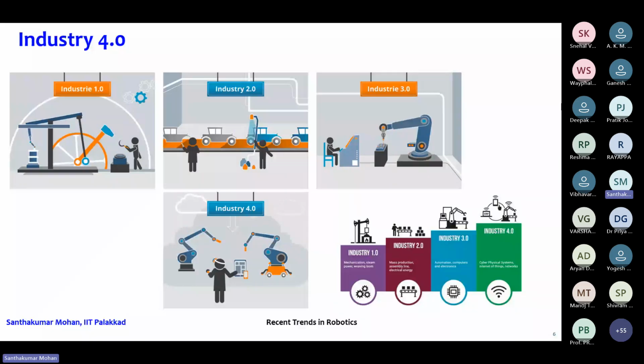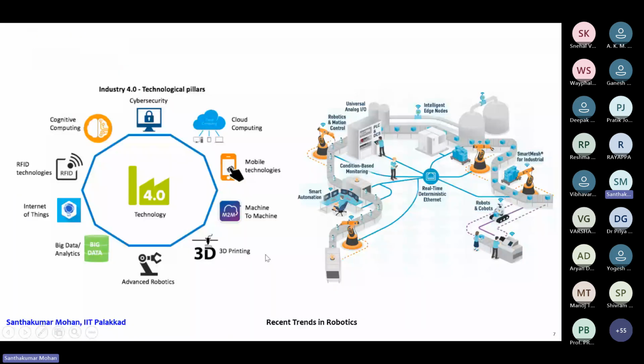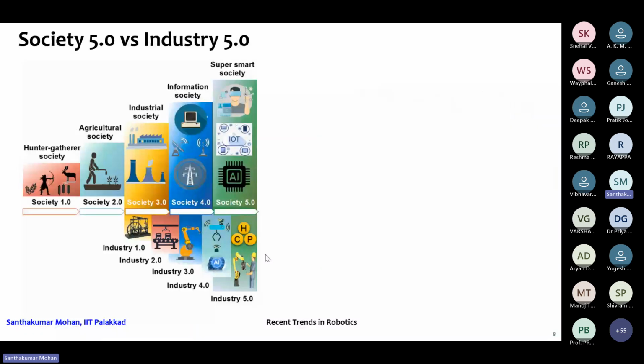When you put that into a case where we are leading to the community, the super smart society, that means we are thinking about Industry 5.0, which would be human-centric. Earlier it was digitalization. You can see automation and then digitalization.